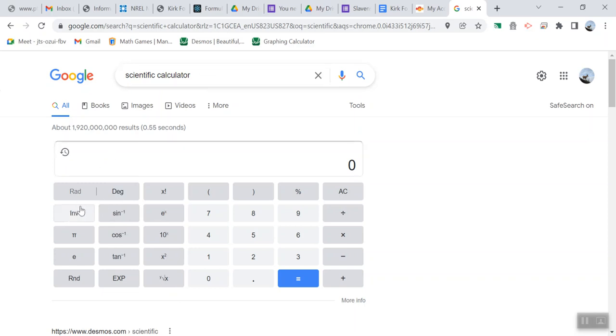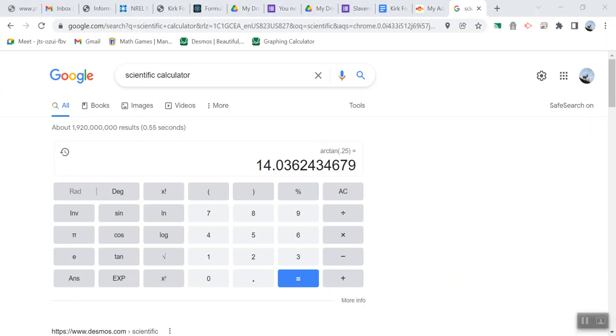Yep, there we go. Okay, so we do have it. So I need to know inverse tangent. Let's try this again. So we're going to do inverse tangent of 0.25. And so it has an angle of 14 degrees, roughly.